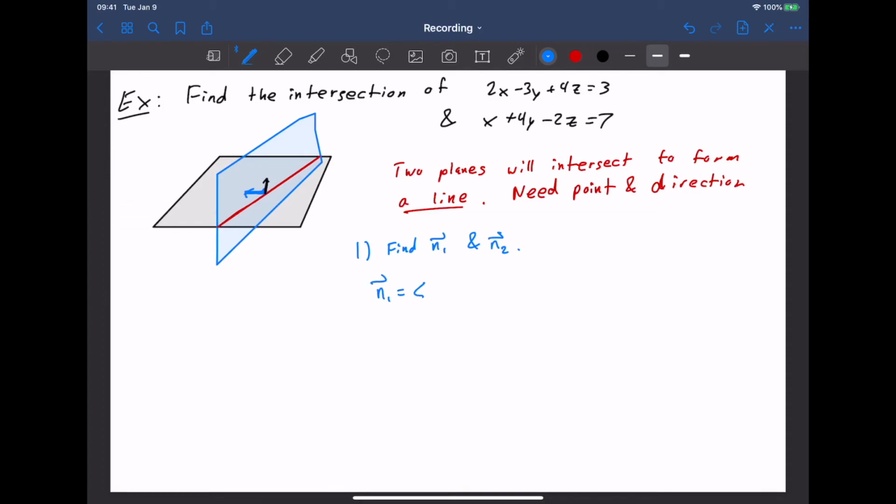If you can't do this right now, you really got to rewatch these videos. Maybe slow it down. It should be really clear after doing all these examples. I got 2, -3, 4. And I got 1, 4, -2. That should make sense. Now, how can we translate this into a direction vector for my line?